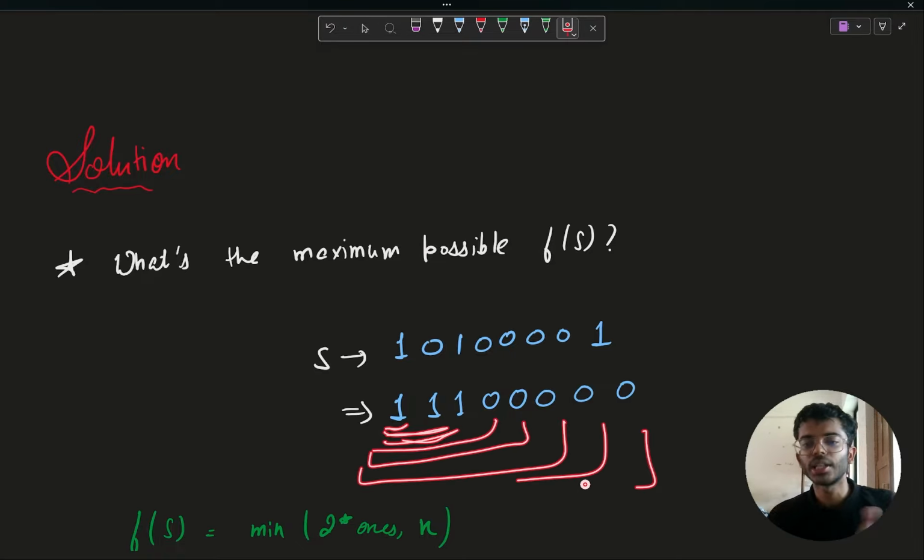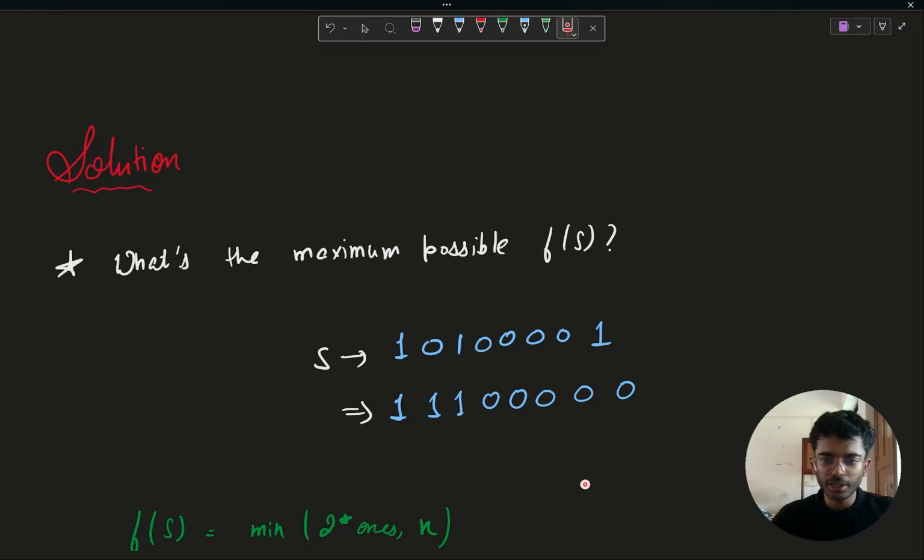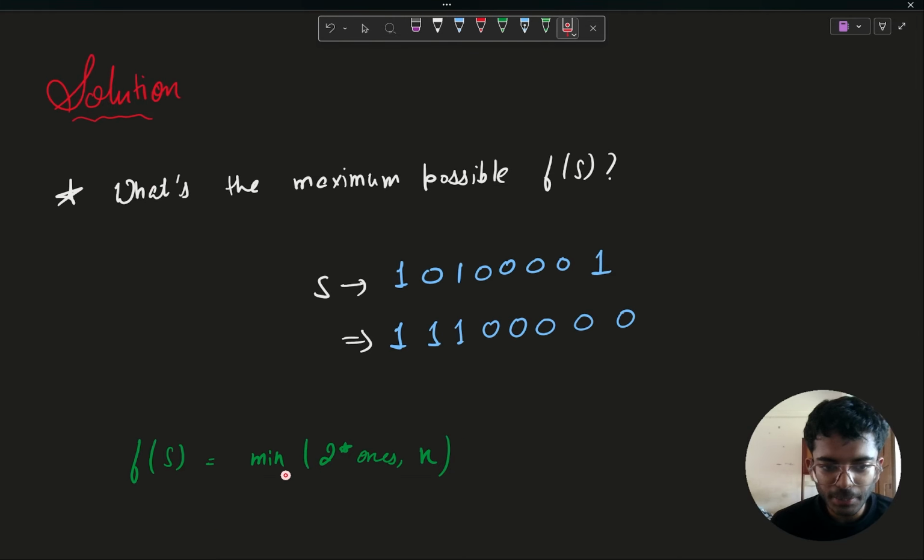And beyond this, it would never be possible to get a better answer because the number of ones would never be more than that, right? We cannot have more ones than that. So the maximum possible value of f of s would be the minimum of 2 times the count of ones, and each one can carry one zero as well, right? So this one will counter this zero, this one will counter this zero, and this one will counter this zero.